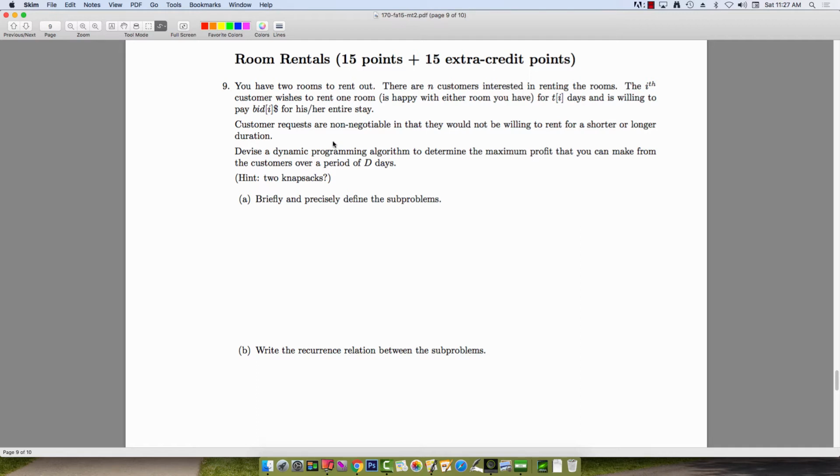So, of the algorithms we've learned, the only ones that are going to be relevant are linear programming, max flow, dynamic programming, and possibly greedy algorithms, right? And if we look at the question here, you have two rooms to rent out, and there are end customers. We could knock out max flow. It really just doesn't make too much sense here. And at the same time, we can also knock out linear programming because I don't really see any linear constraints to be working with.